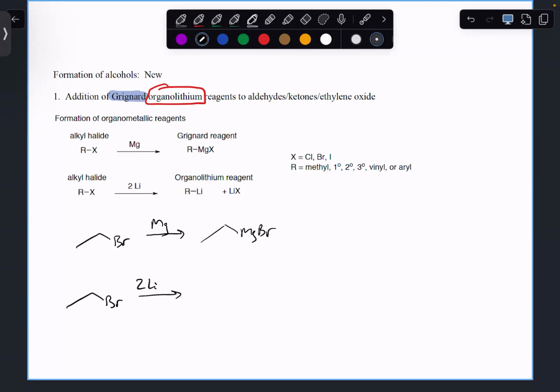Remember, the point of the magnesium is that it inserts and then it reverses the polarity at that carbon. When the bromine was attached to it, because the halogen is very electronegative, that makes the carbon very delta positive.